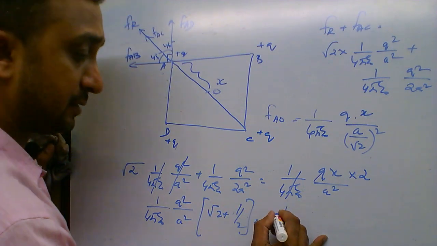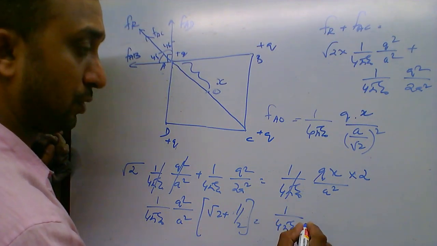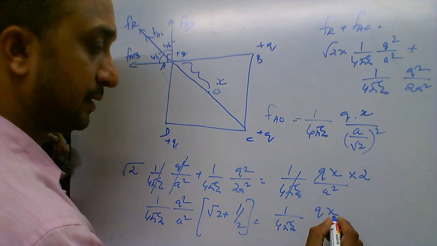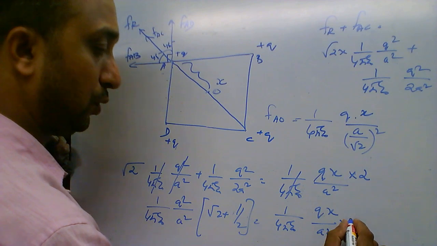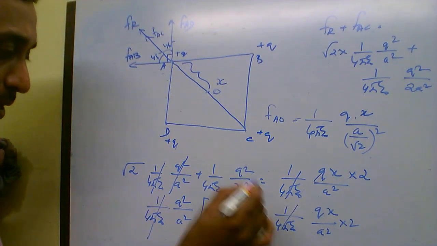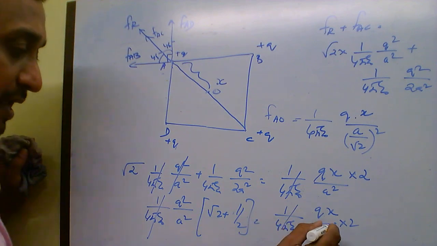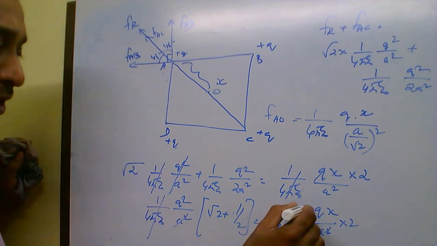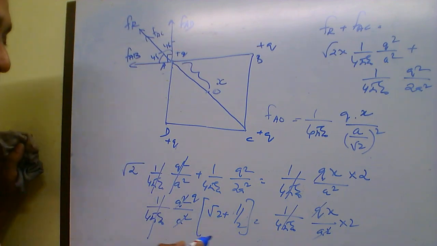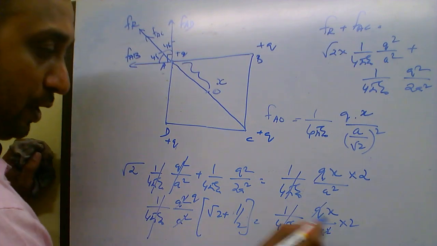On the right hand side you have 1 by 4 pi epsilon 0 q x by A squared into 2. So 1 by 4 pi epsilon 0 can be cancelled, and A squared and A squared can be cancelled. Q is there on one side and q squared on the other, so one q will remain. On this side you have 2x.